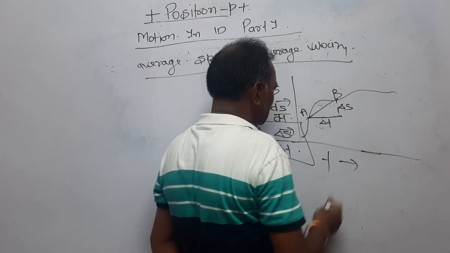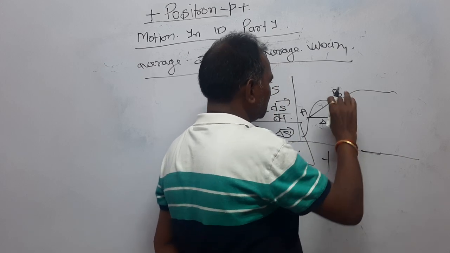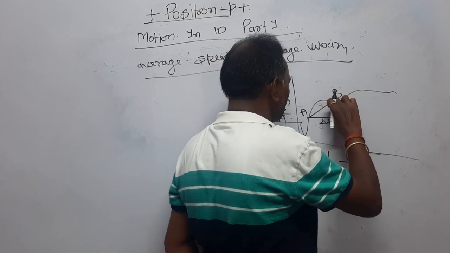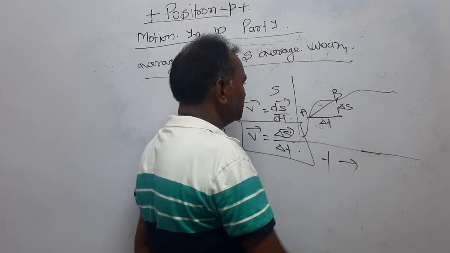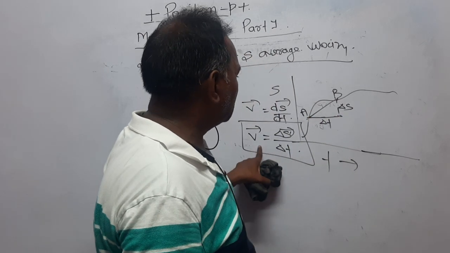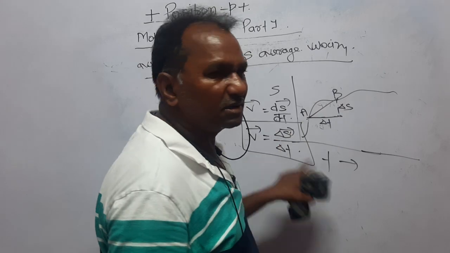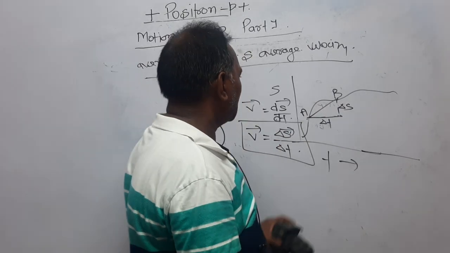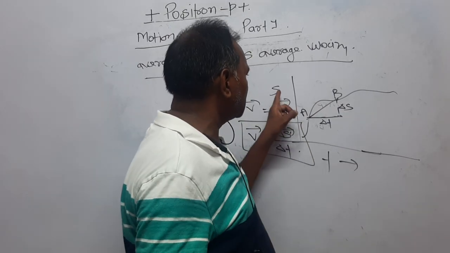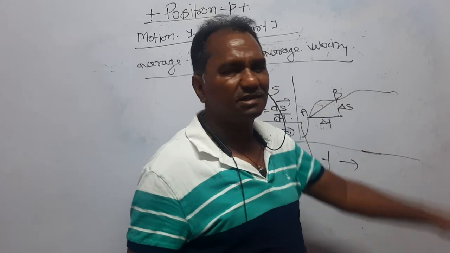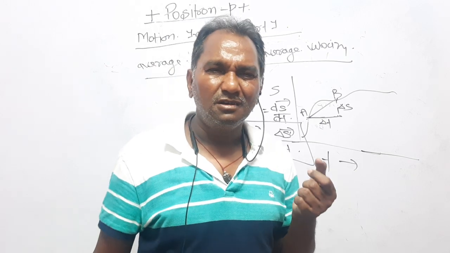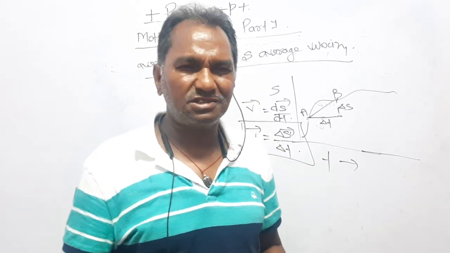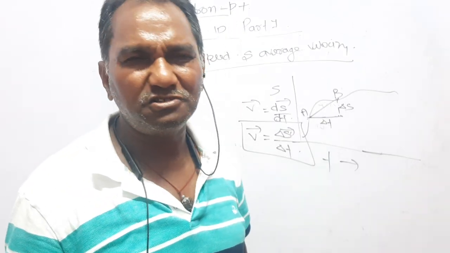From A to B, the displacement is this delta s and the time interval is this delta t, and in the meantime the average velocity v will be delta s upon delta t. I have said that the graph between displacement and time is like a curvature, a zigzag path the body is following. A zigzag path means the velocities are not constant at all. The motion is not uniform.